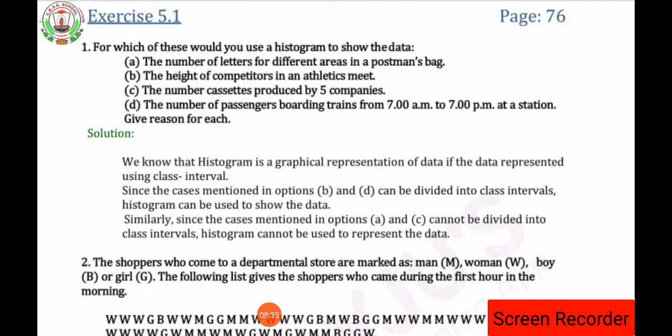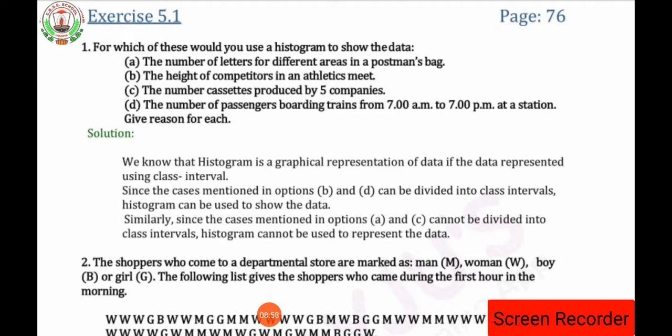C, the number of cassettes produced by 5 companies. D, the number of passengers boarding a train from 7 a.m. to 7 p.m. at a station. Give reason for each. Have you understood what the question says here?